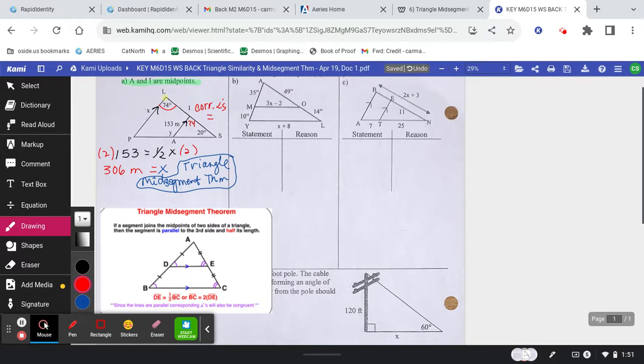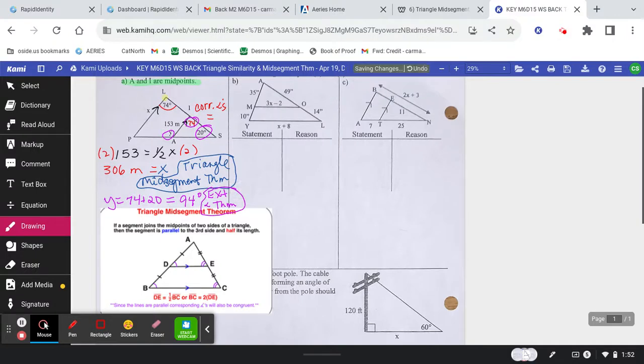So now I can solve for y. I could say that y, an exterior angle, is equal to the sum of the remote interiors, the 74 plus 20. So this y is equal to the 74 plus 20. So y is equal to 94 degrees, and the reason is exterior angle theorem.